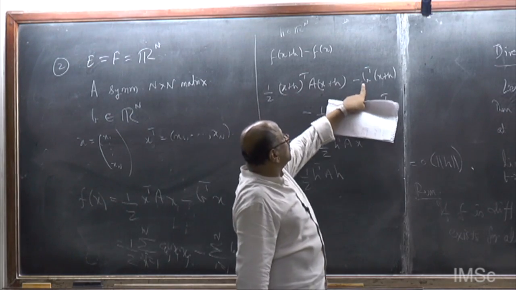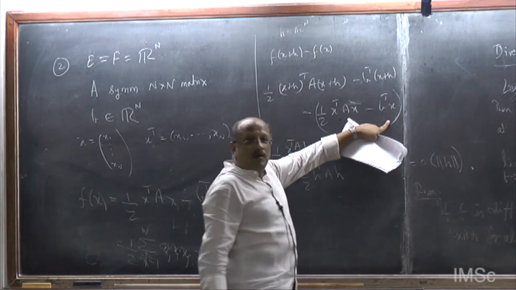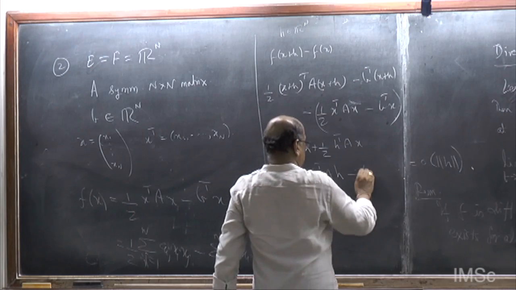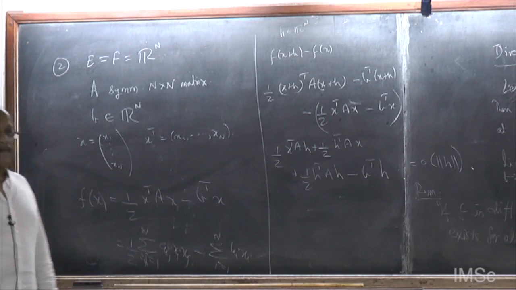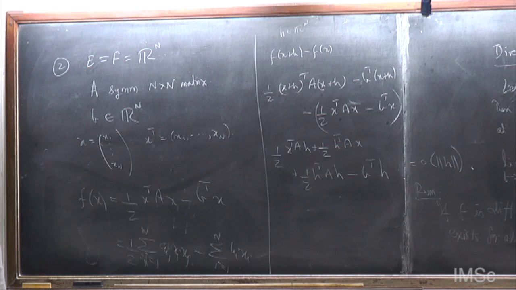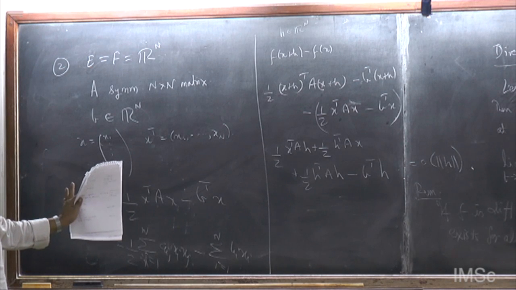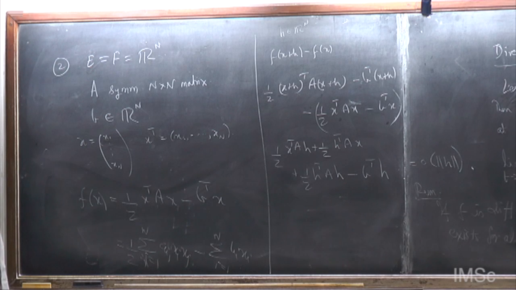Then here you have two terms, minus B transpose x, and this will get cancelled, and so you have minus B transpose h. Okay, I have just expanded the matrix multiplication. Is this all right?